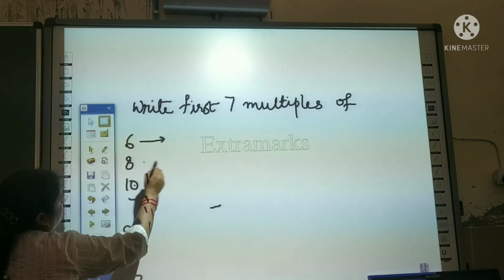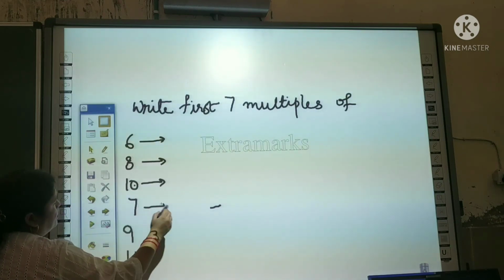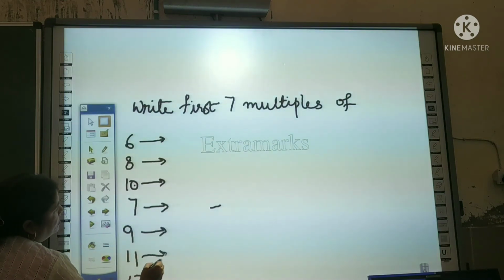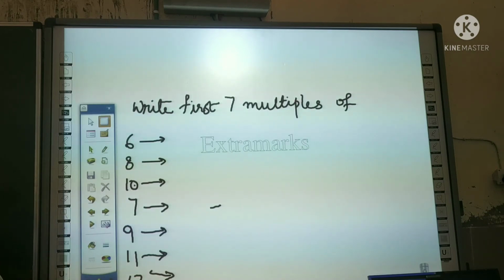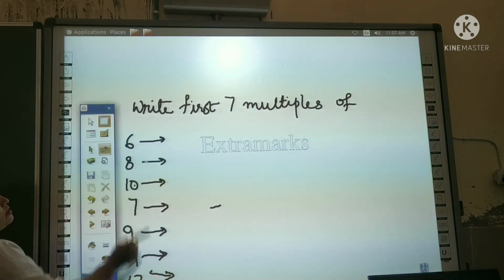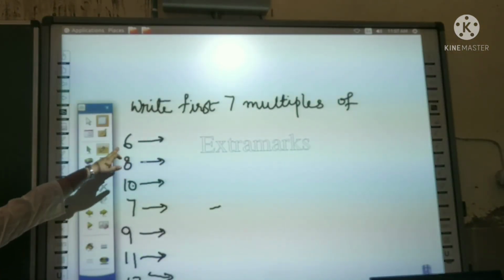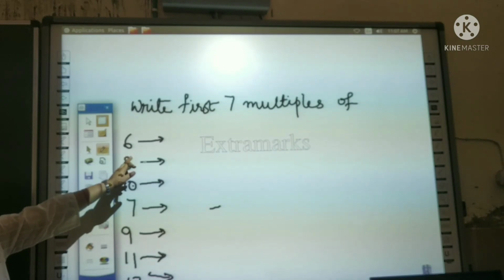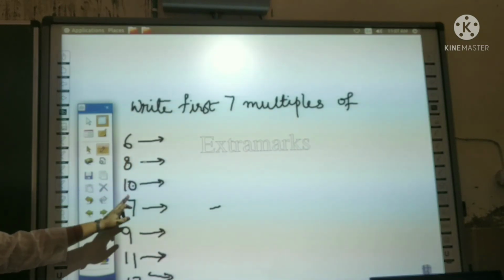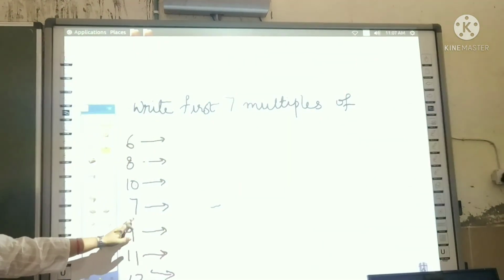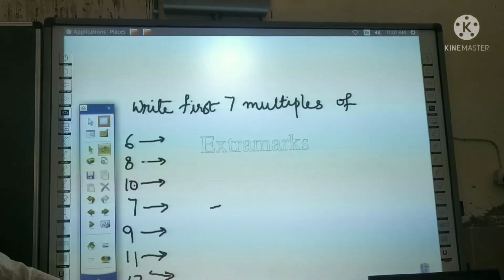Okay, इसके सामने आपको इसके क्या लिखने हैं? Multiples. How many multiples you have to write down? 7 multiples. Okay, 7 multiples means you have to write down the table of 8, table of 10, table of 7, table of 9, table of 11 and table of 13.